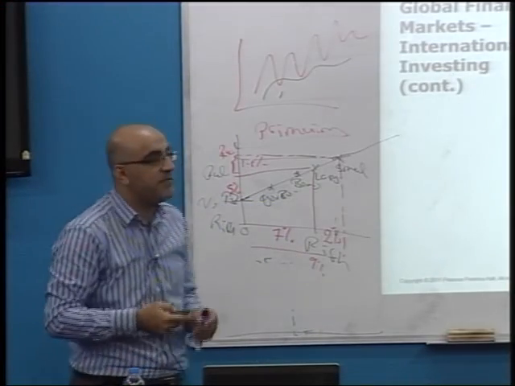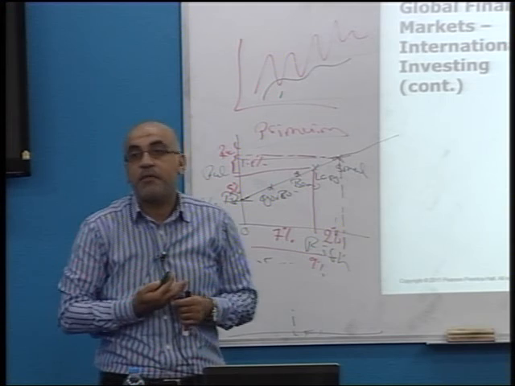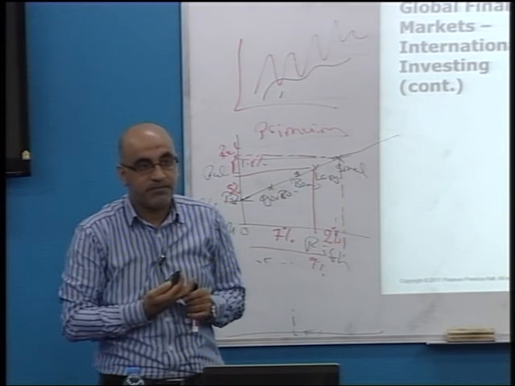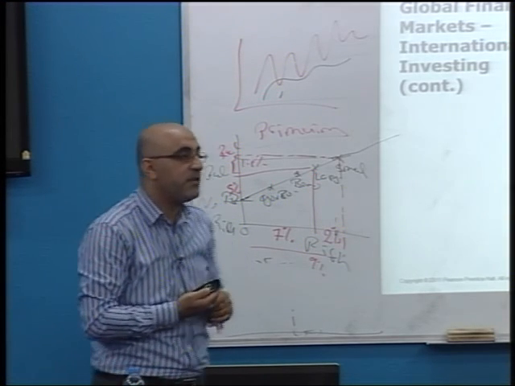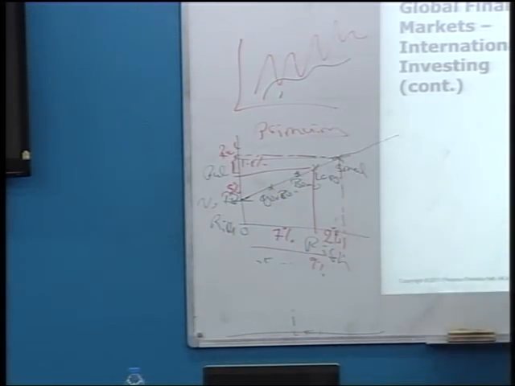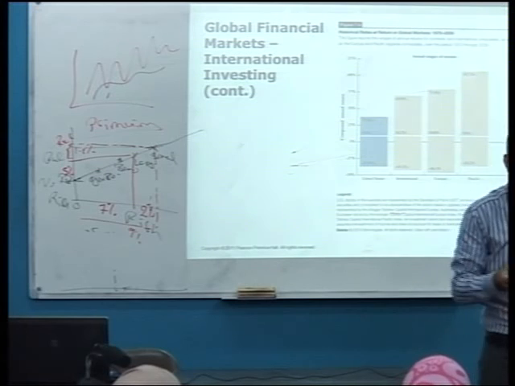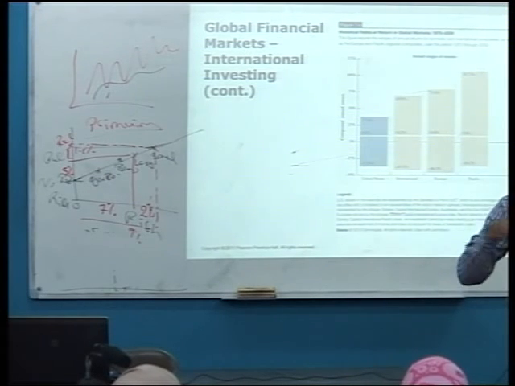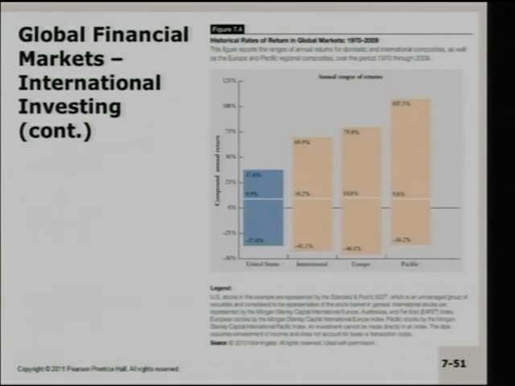So don't think that investing in the United States gives you a higher return. Investment in the United States gives you a lower return and lower risk. This is why MNCs, multinational corporations, prefer to invest overseas or outside the United States. They invest in Africa, in some areas in the Middle East, and in Asia. Why? Because there they get higher return and higher risk, and they know how to control the risk.